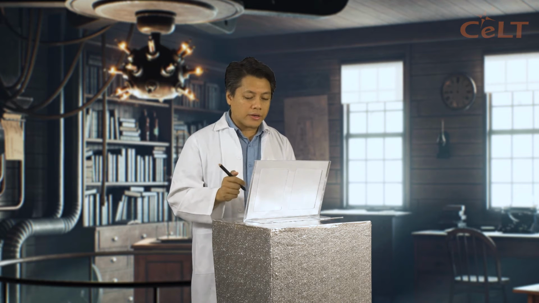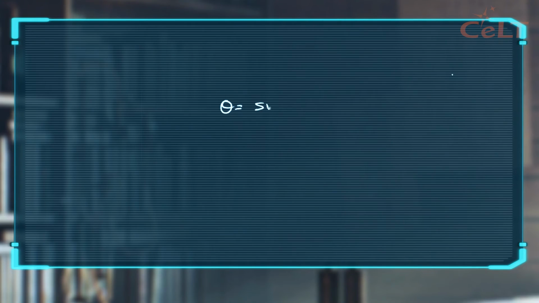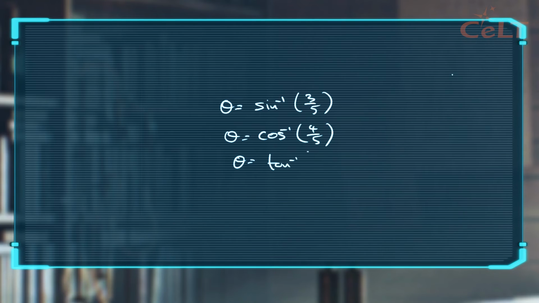From these three trigonometric functions, we can find out the value of theta by using the inverse trigonometric function on our calculator. So I bring up my calculator here. We can find theta equal to inverse sine of 3 over 5, theta equal to inverse cosine of 4 over 5, and theta equal to inverse tangent of 3 over 4.